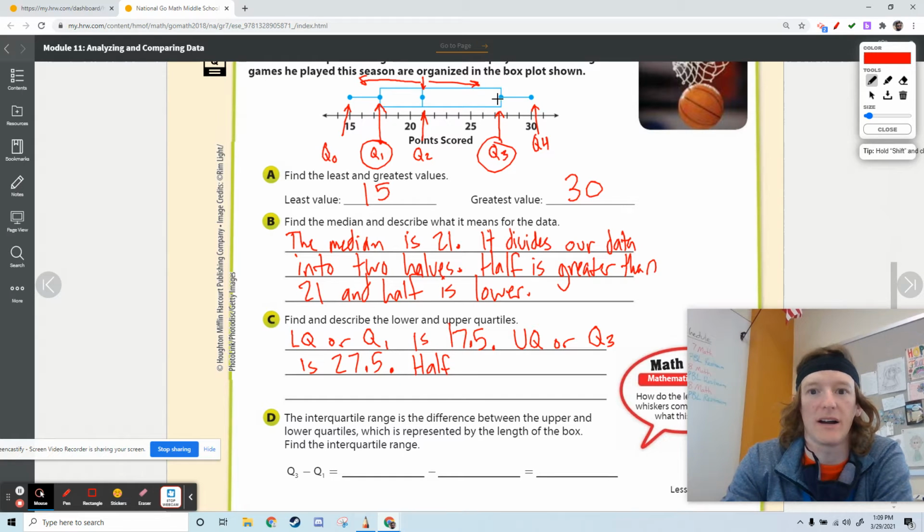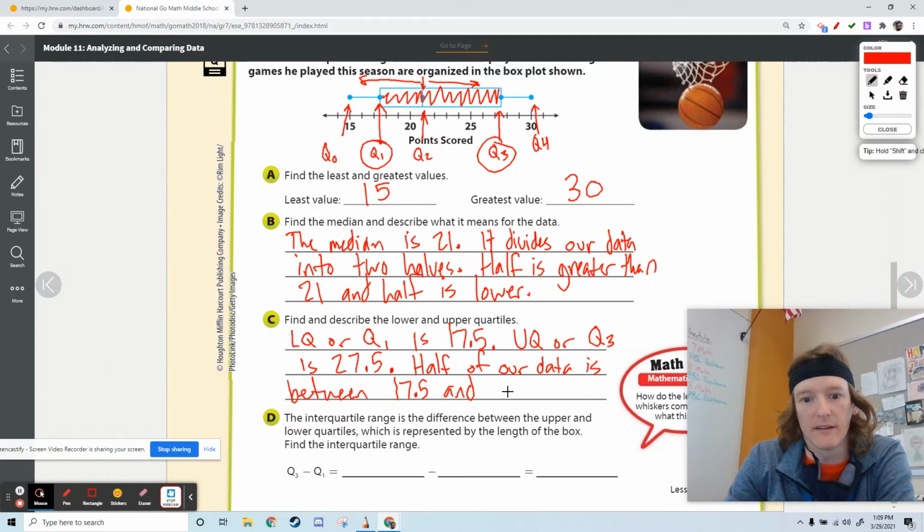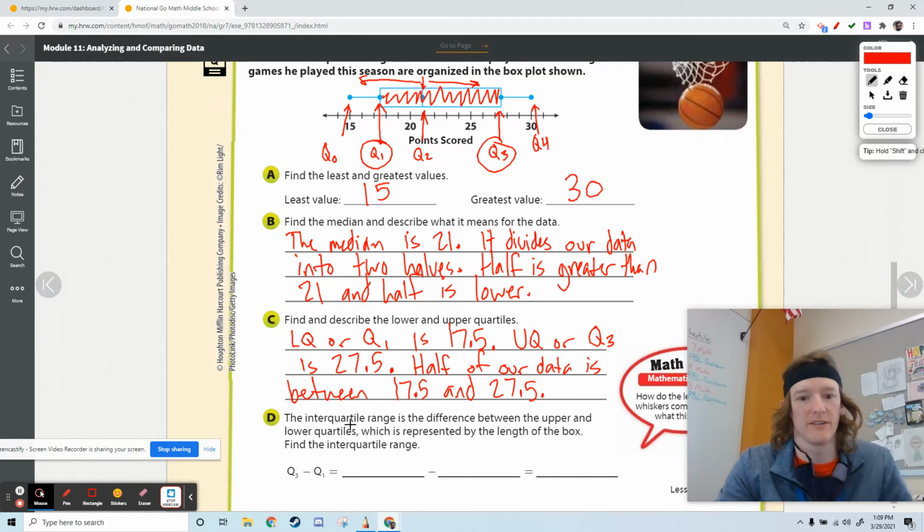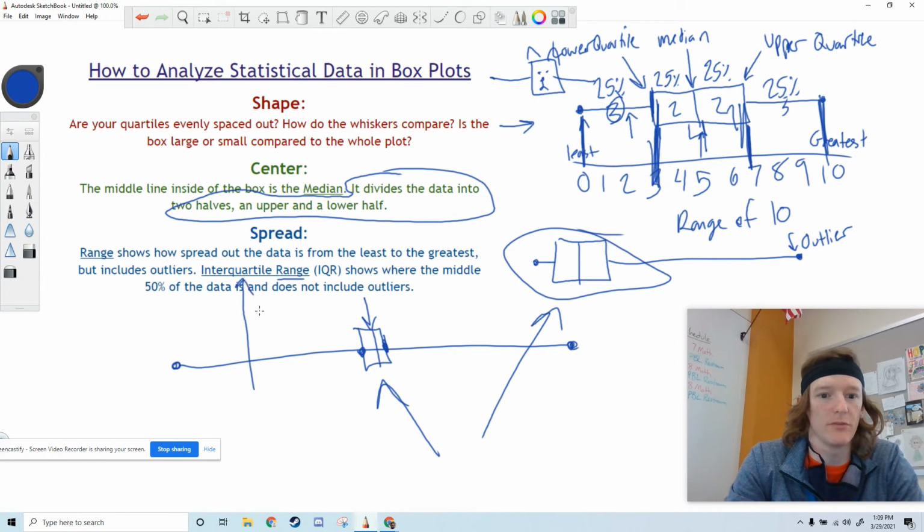That's our box, this whole box. Half of our data is between 17.5 and 27.5.